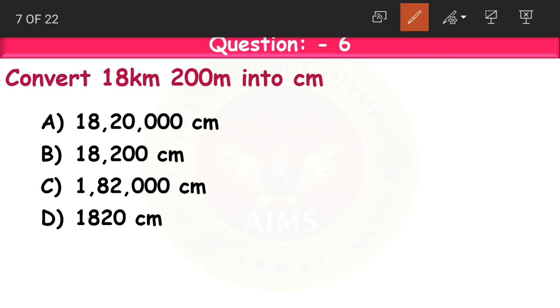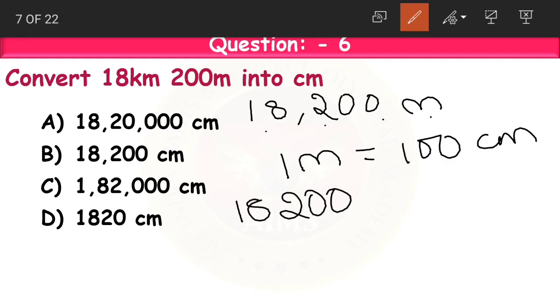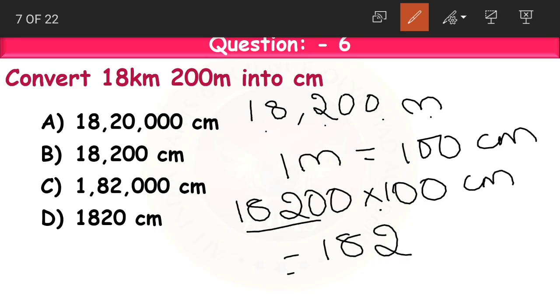And what do we know about meters and centimeters? We got 18,200 meters. We know that 1 meter is equal to 100 centimeters. Yes, students, I hope you remember. We discussed it in the first class of the week. Now 18,200 meters becomes what? 18,200 into 100 centimeters. That is equal to 182 into 1 becomes 182.